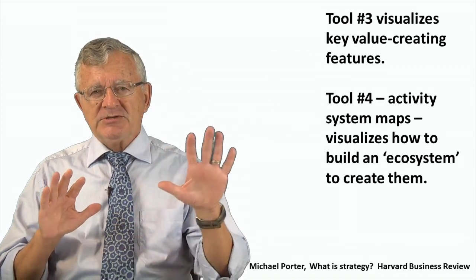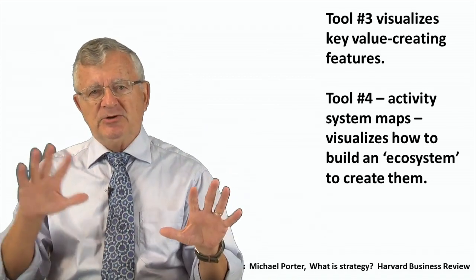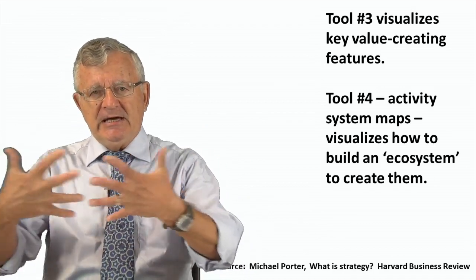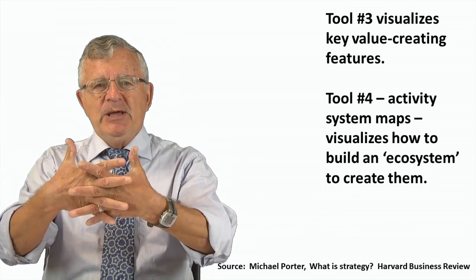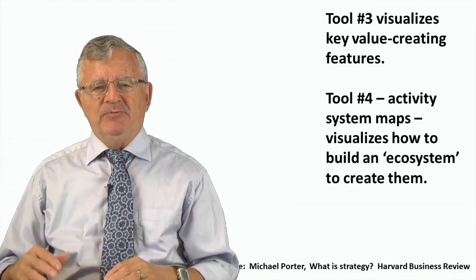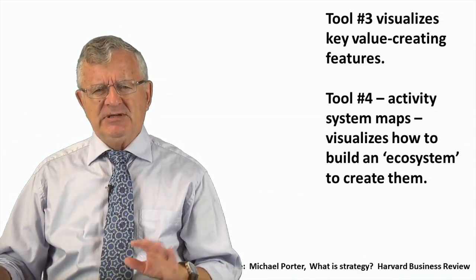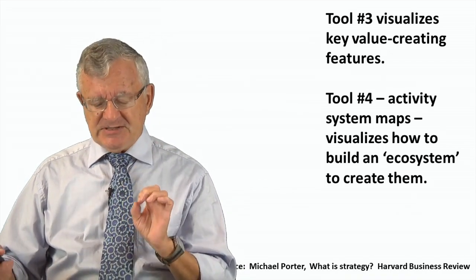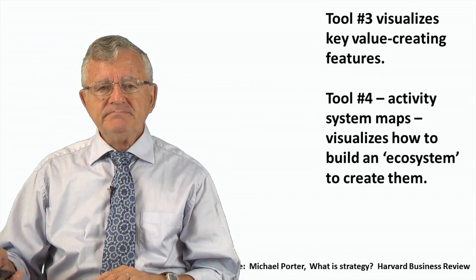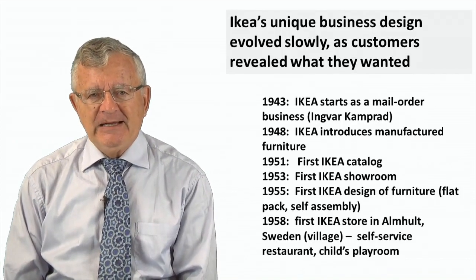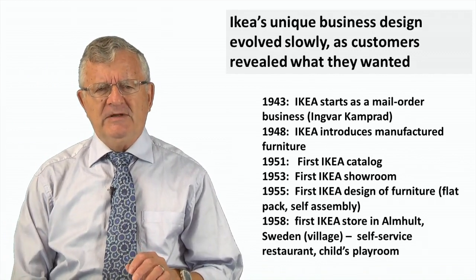How you take your suppliers and your workers and your clients, your strategic partners, the regulators, and how you create a beautiful, well-functioning, smoothly functioning machine that knits all of these pieces together. And the activity system maps, they visualize how to do this. So let's take a concrete example used by Porter himself.